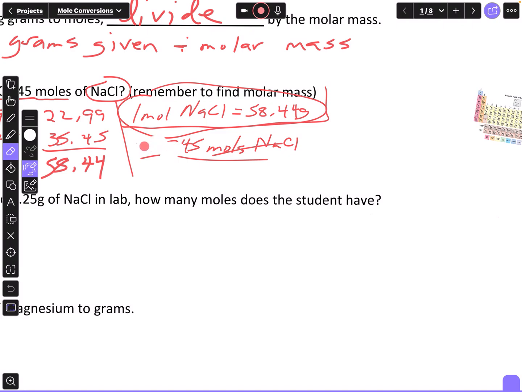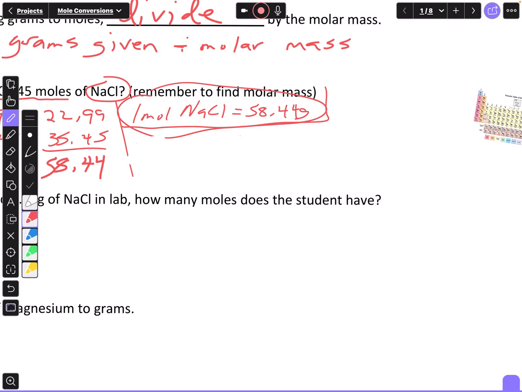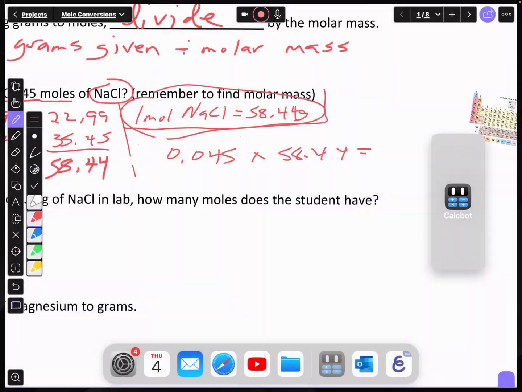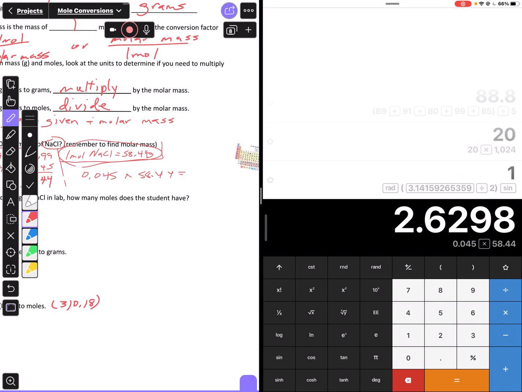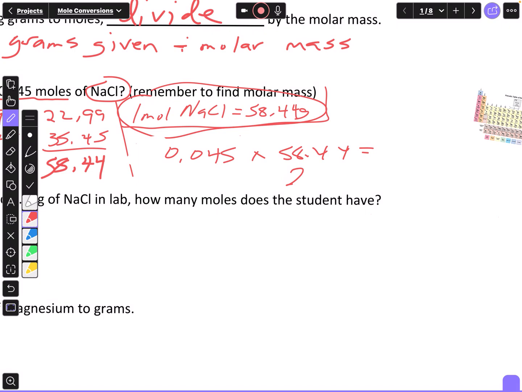So I would just take 0.045, multiply that by 58.44. Again, that would give me, and I forgot what I just calculated, 2.63 grams of NaCl.